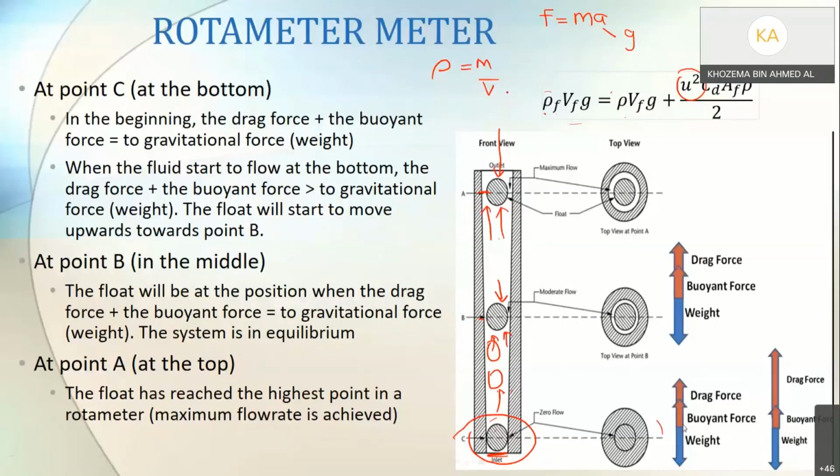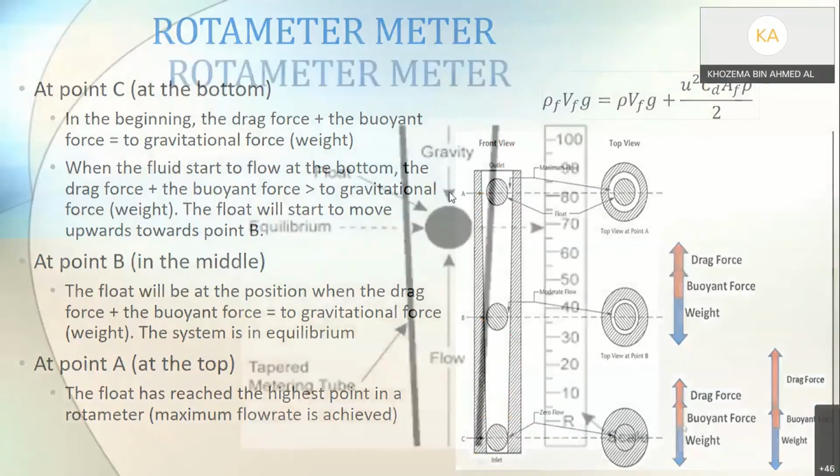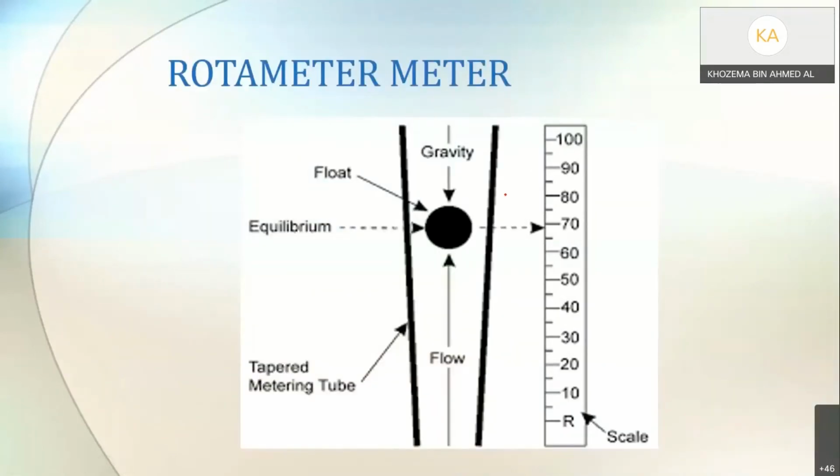So when you look at a rotameter, this is an example of a rotameter, right? You will have a scale. The scale is usually here on the rotameter. Based on the position of the float, you will read the value. Maybe this one, if I follow this scale, is around 76 or 77.